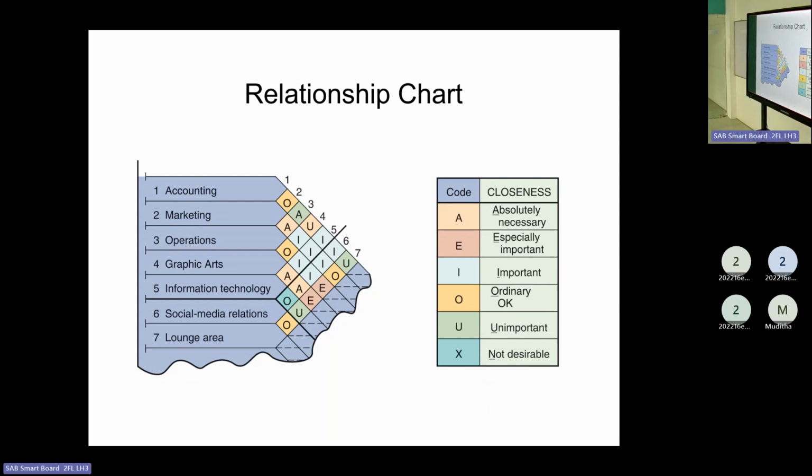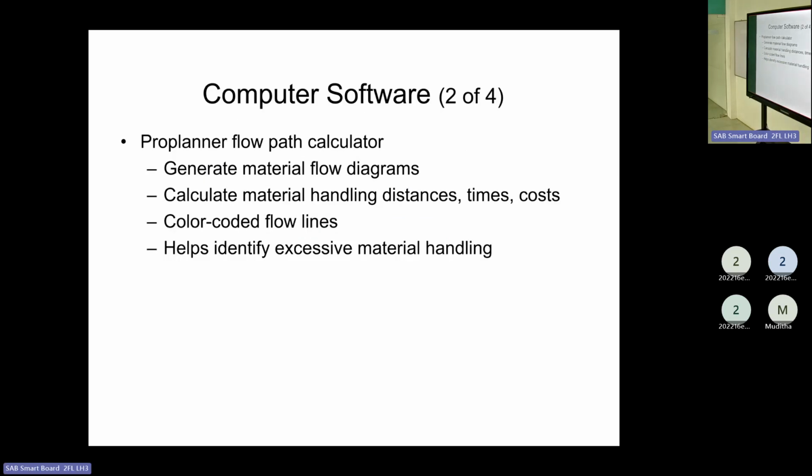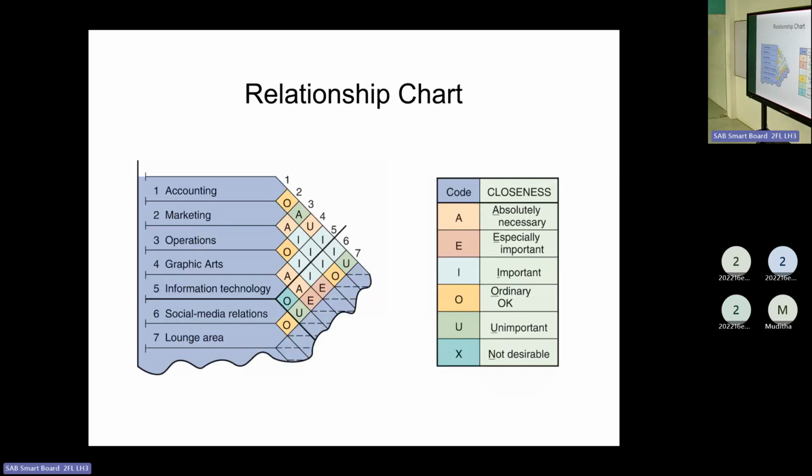Now, one might ask, once we prepare the initial layout plan, how can we improve it? Like the color coded line system we saw there, the same technique is manually used when we try to improve it.